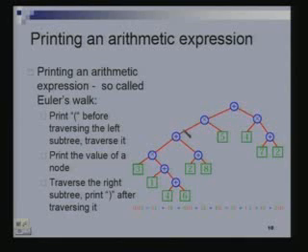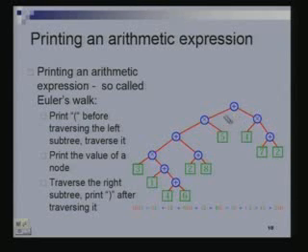So suppose I am here, before I start on the left subtree, I'll print a left bracket. When I finish with the right subtree, I'll print a right bracket. Right? This corresponds to taking this path up, going up like this. And when I'm coming like this and touching this node, then I'll just print out the content of the node.